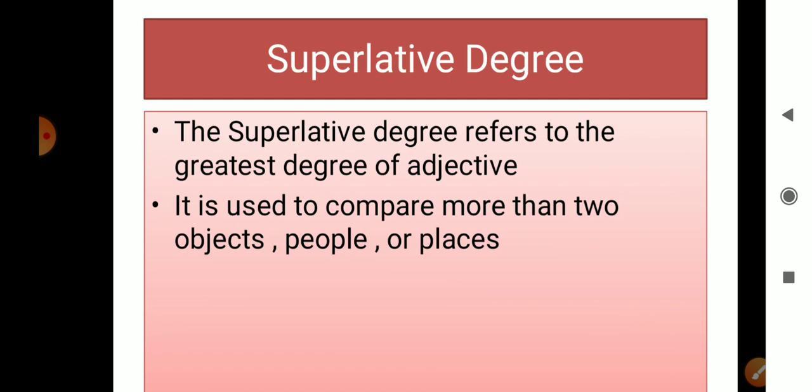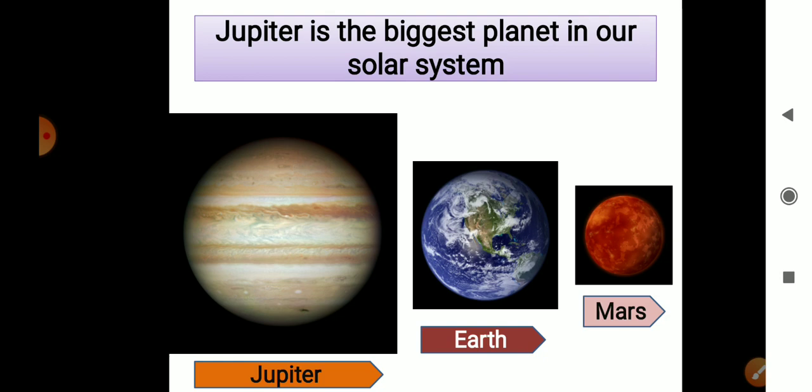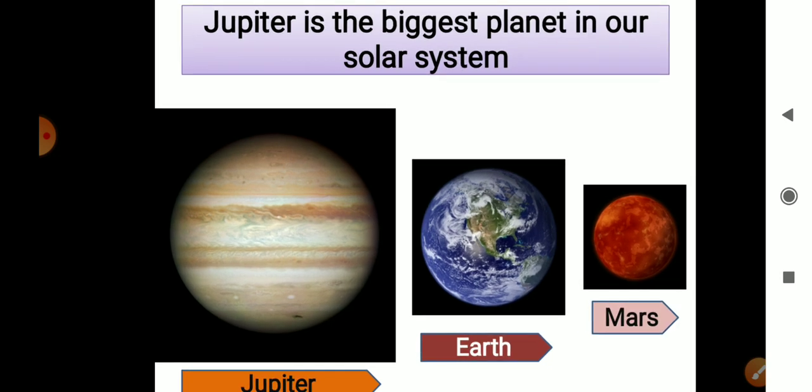Let's see a few examples of the superlative degree. As we have seen in the comparative degree, we compared earth and moon. Here, if I want to say that Jupiter is the biggest planet in the whole solar system, and I want to emphasize that fact, then I use the superlative degree.